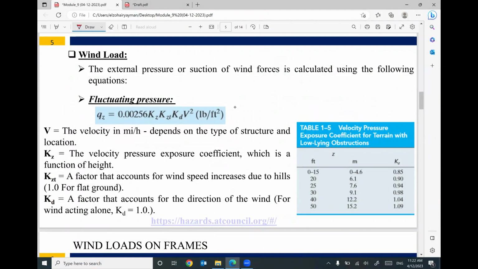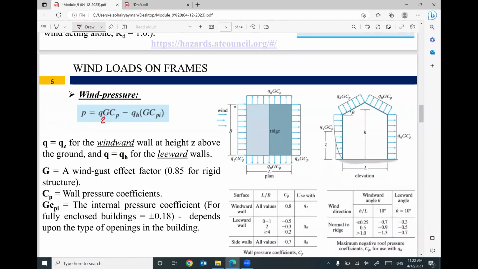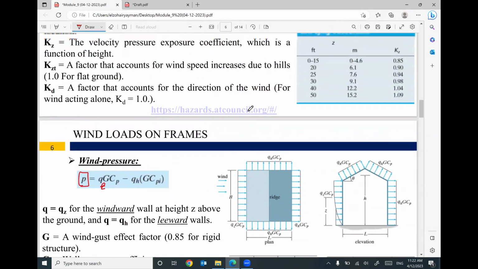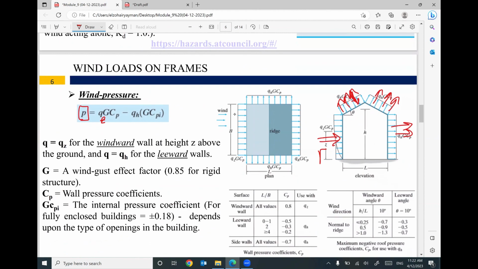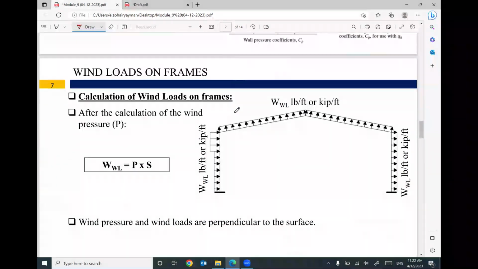For wind, everything is the same. We have fluctuating pressure equation to calculate the QZ. Then I'm gonna use QZ in this expression to figure out the pressure. Once you get the pressure over the windward slope or roof, leeward roof, this value of pressure here, this value of pressure here, this value of pressure here will be multiplied by S to convert your pressure to distributed load over the frame.